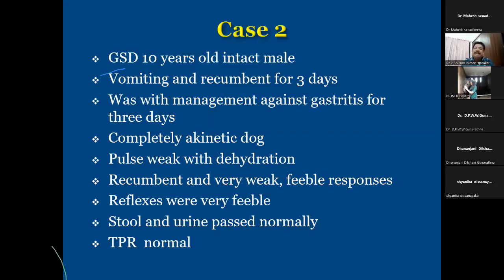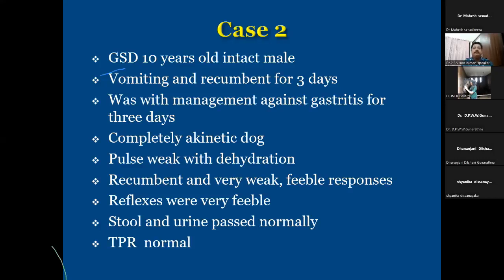So how can we say a dog is geriatric? If the dog is about 10 years of age and about 10 kilograms, we can say it is geriatric.